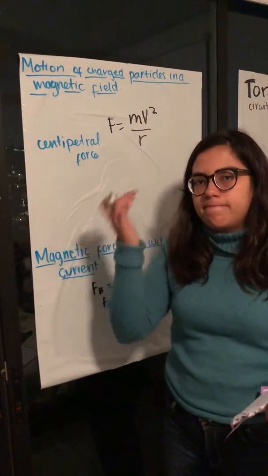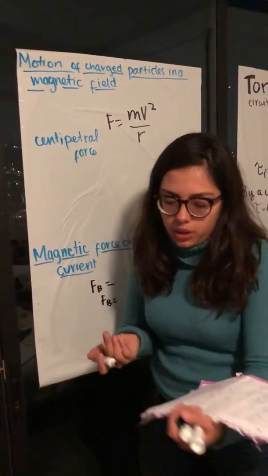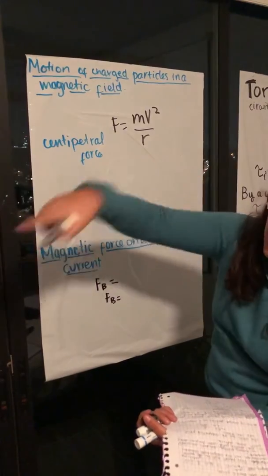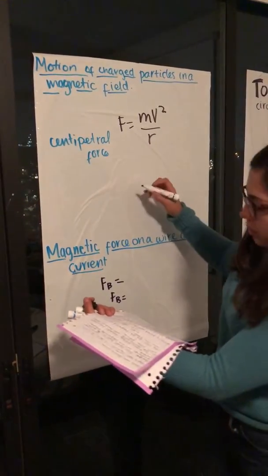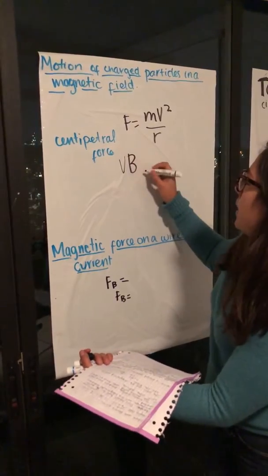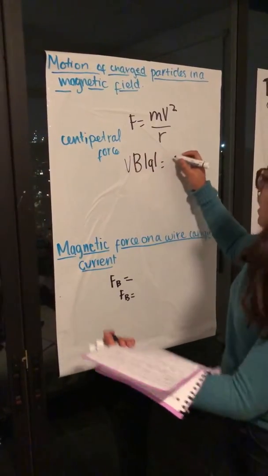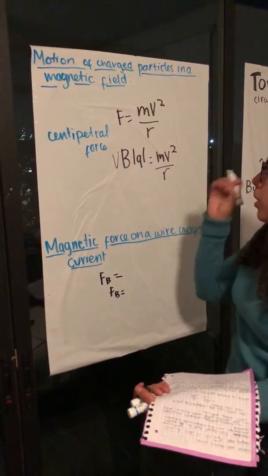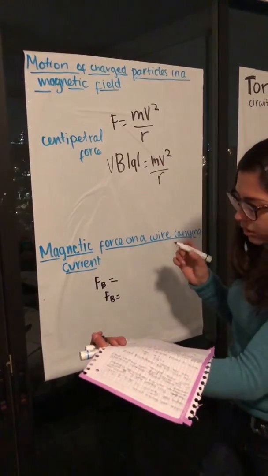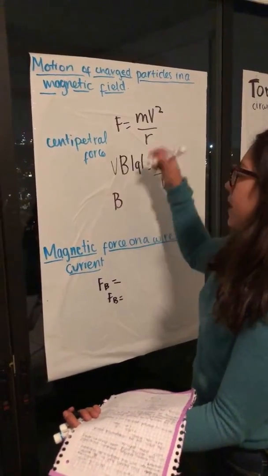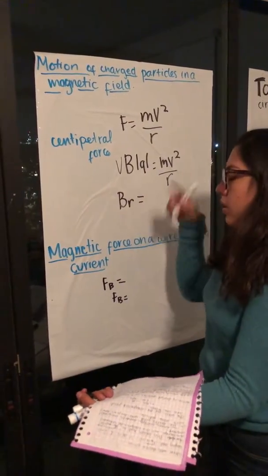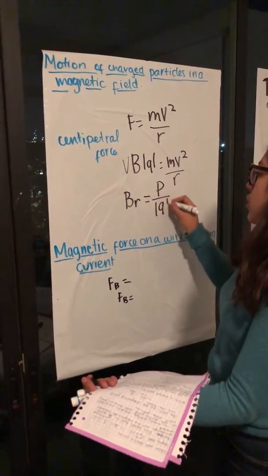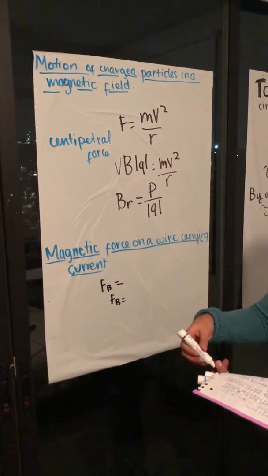Equating this to what we saw on the whiteboard, we would say that the velocity times the magnetic field times the magnitude of the charge is equal to the centripetal force, since it is pushing the particle to move in a circle. So if we wanted to know the magnetic field in terms of the radius, it would be p over the magnitude of the charge.